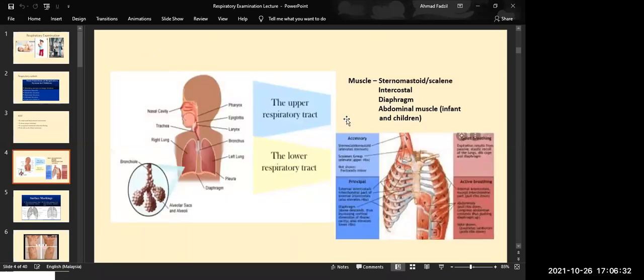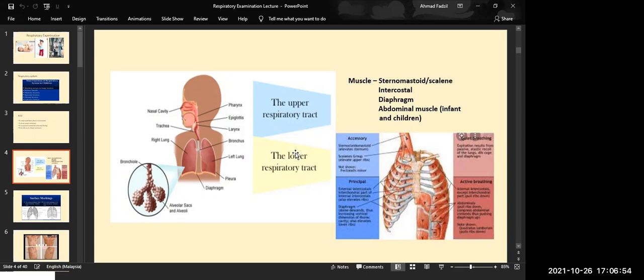Respiratory system, in children, even in adults, consists of the upper respiratory tract and the lower respiratory tract. The dividing border is the thoracic inlet.